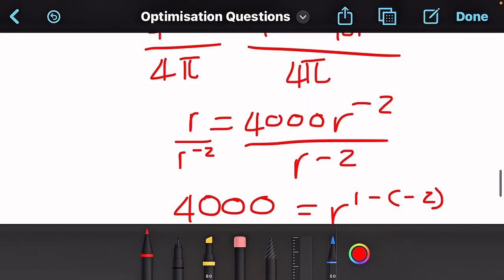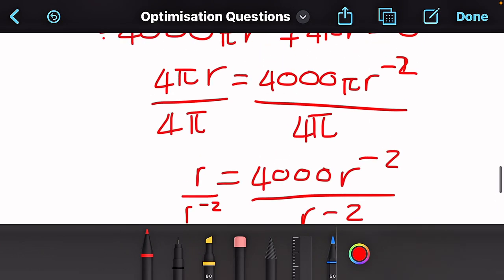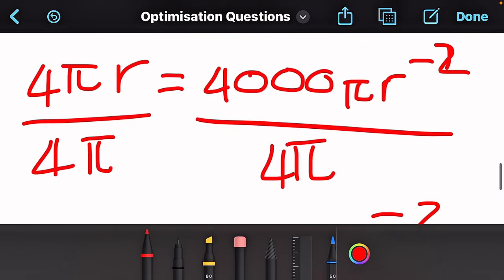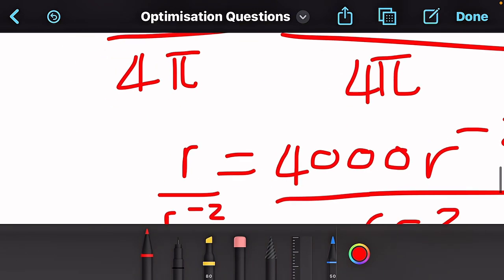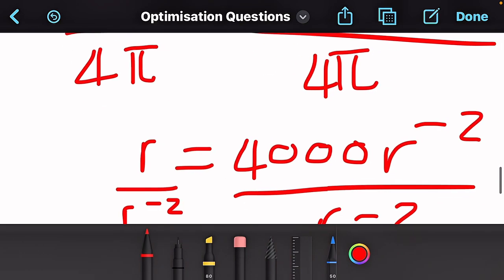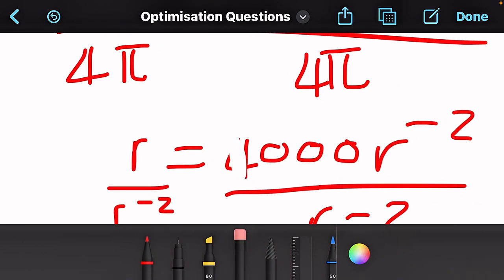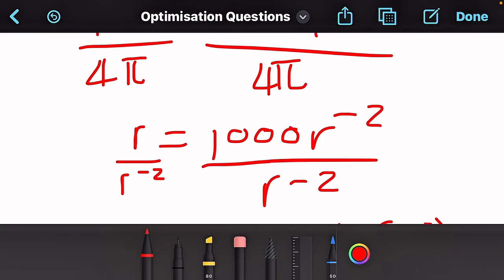Hold up, I'm making another mistake. This 4,000 pi divided by 4 pi is going to give us 1,000, not 4,000. So 1,000 r to the power of negative 2.